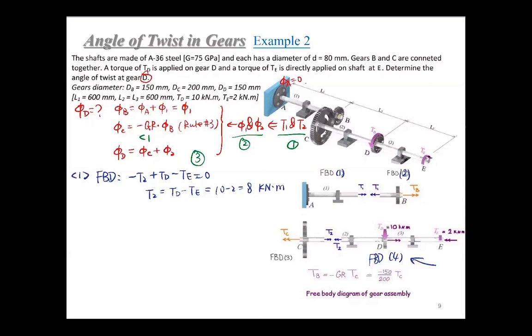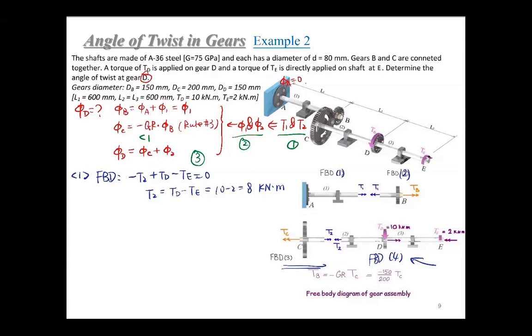Then you can use free body diagram number 3. Here you can directly get that TC equals T2, right? Or use our rule number 5. Since this shaft is connected to this gear, they will always have the same torque.